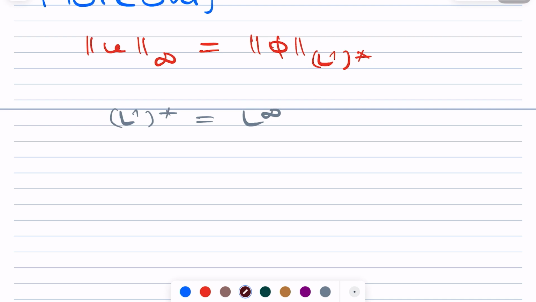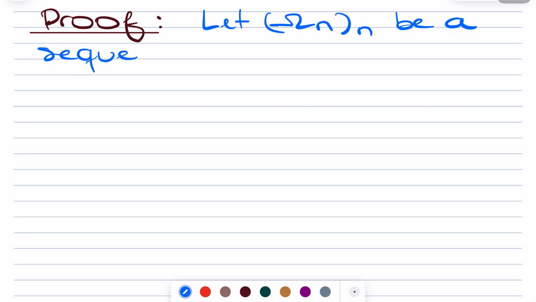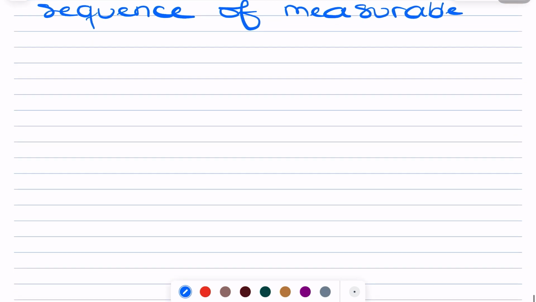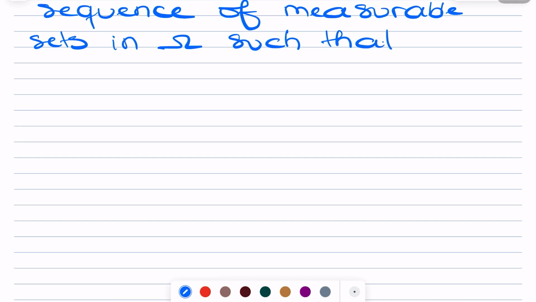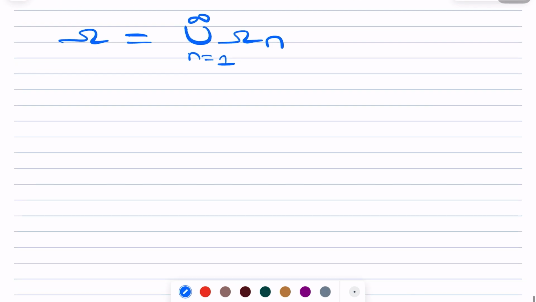Proof. For the proof, let omega n be a sequence of measurable sets in omega such that omega can be written as the union of omega n, and the measure of omega n is finite for every n.